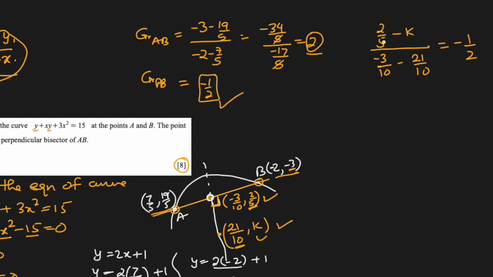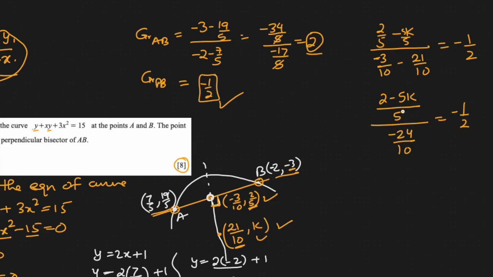So this will be how much? 2 minus 5k over 5 in the numerator. I can write 5 over 5 here, so it becomes 2 minus 5k. This becomes minus 24 over 10. Both are negative. Equal to negative half.